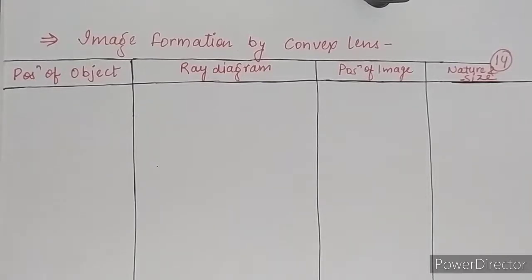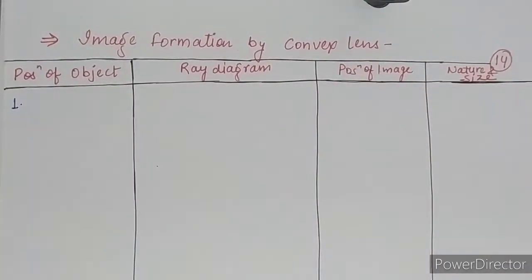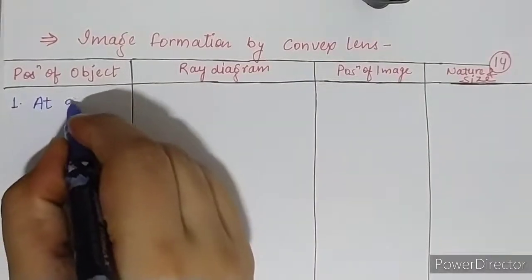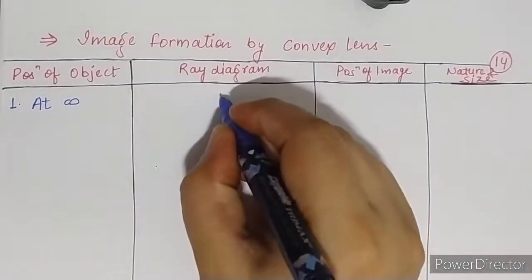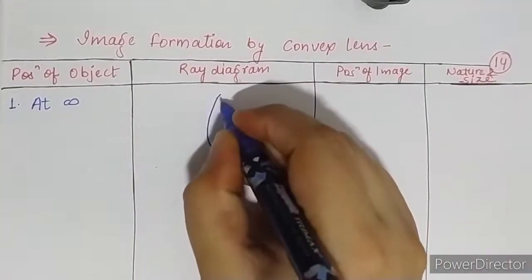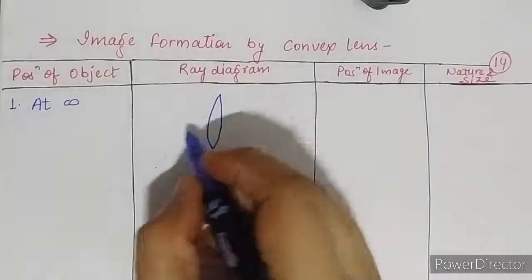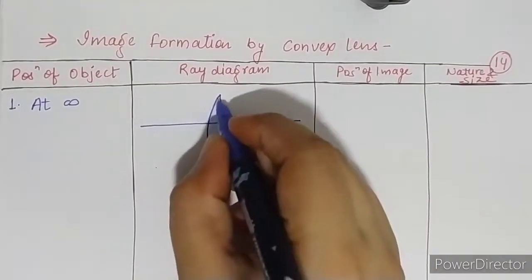In that series, the first condition we are taking is the same as in the mirror, when the object is at infinity. This one is your convex lens, and this one is your principal axis.